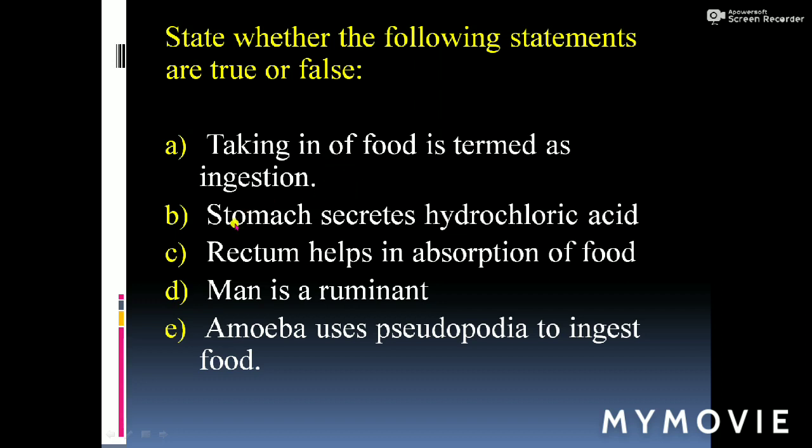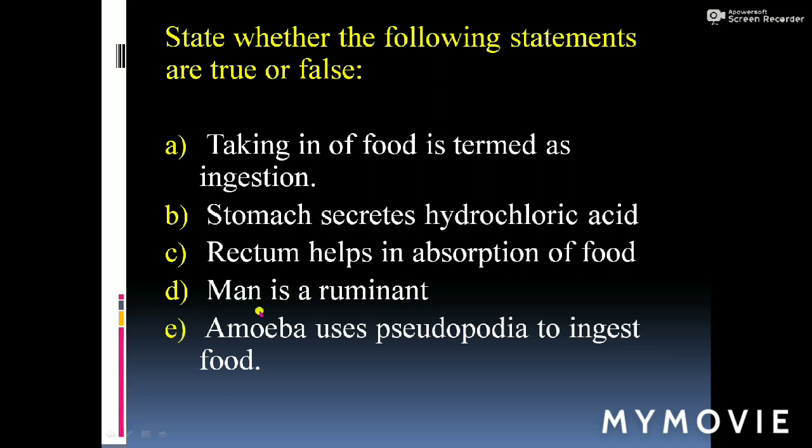Second is, stomach secretes hydrochloric acid. You know very well, you can find it in human nutrition. Next is, rectum helps in absorption of food. That is also where the food is absorbed. You know the place, you have to note it down.